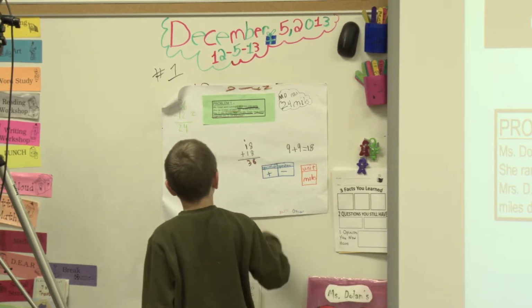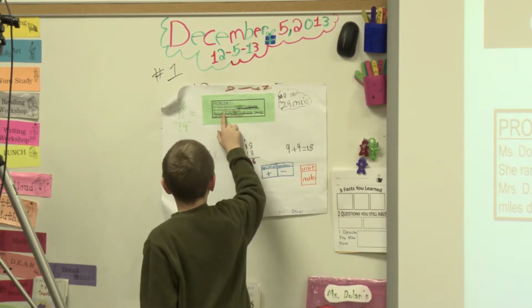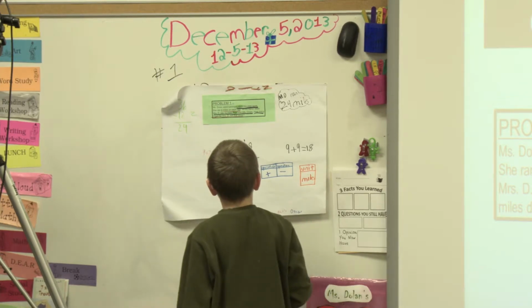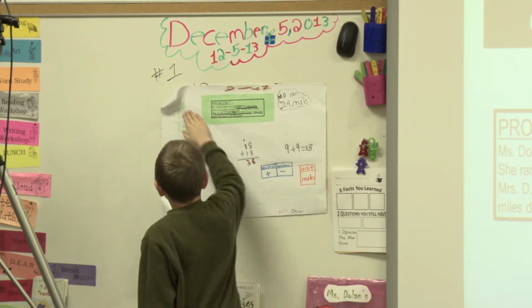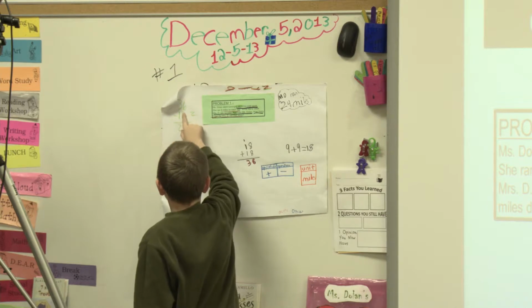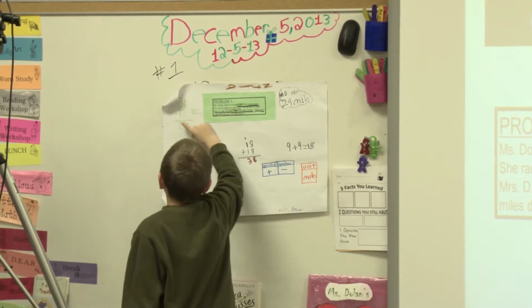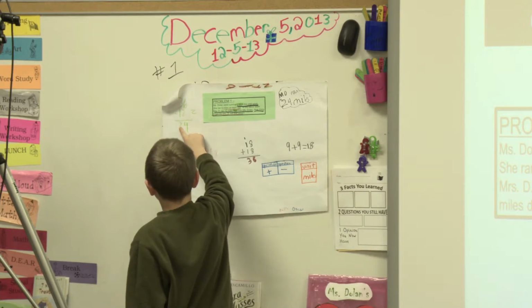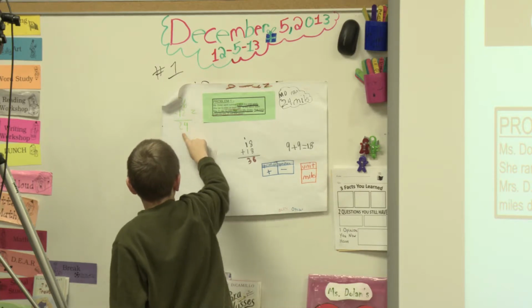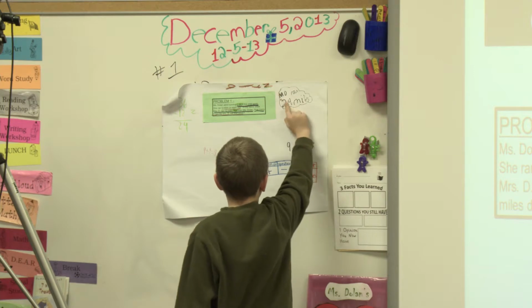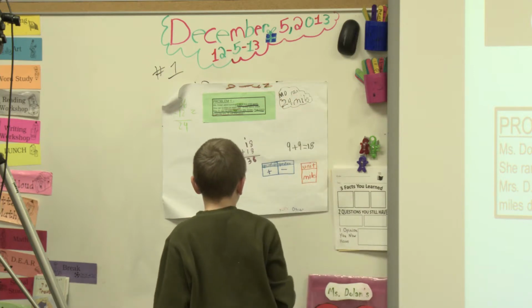But then we had to remember that Miss D ran 12 miles less. So we wrote 36 minus 12. 6 minus 2 equals 4, and 3 minus 1 equals 2. So the answer is 24, and Miss D ran 24 miles.